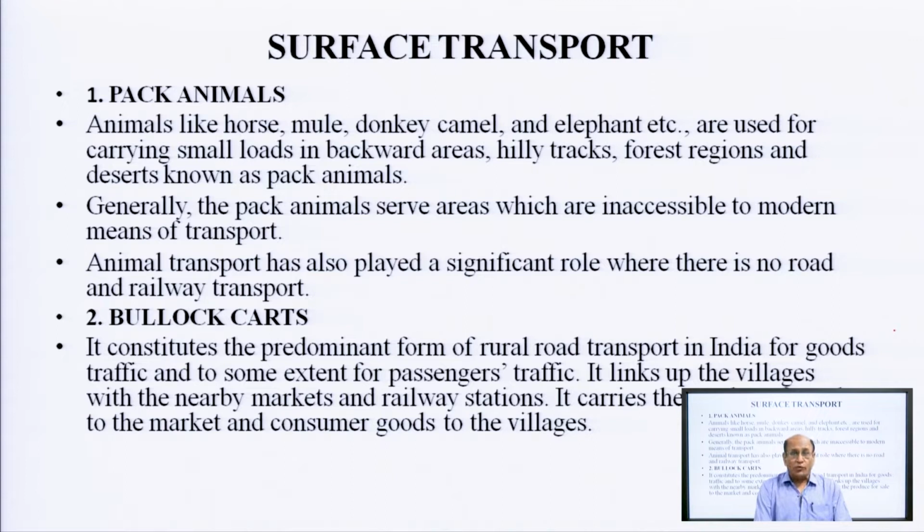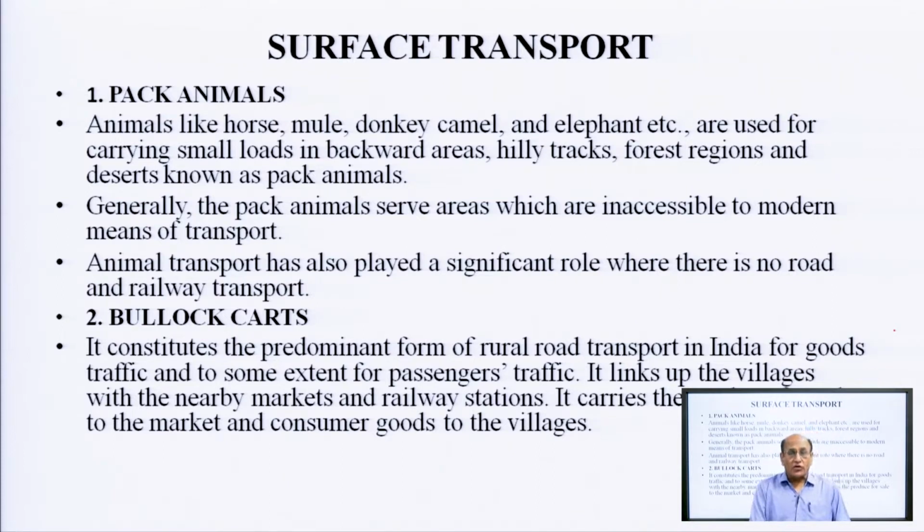In surface transport, first is pack animal. Animals like horse, mules, donkey, camels and elephants etc. are used for carrying small loads on backward areas, especially hill tracks, forest regions, deserts.